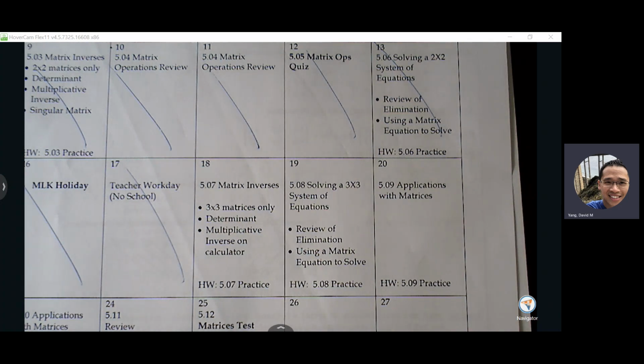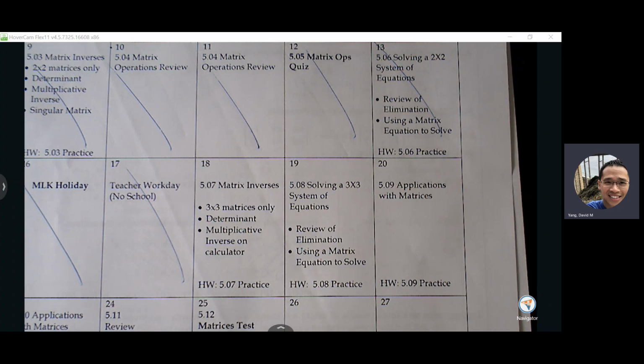So 3x3 matrices, we can only find inverses for square matrices. Those are the only matrices we're going to be working with. But 3x3 is going to feel more complicated. So we're just going to be learning to find the determinant by hand. But then we're going to be using the calculator to solve an equation and to do the inverse.